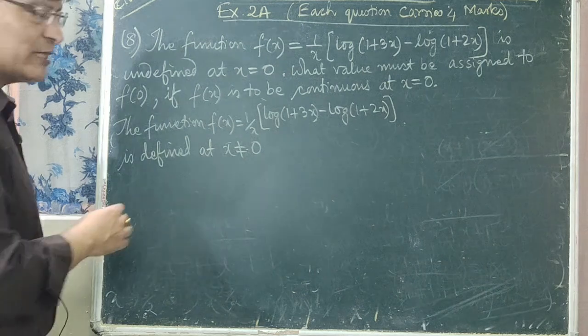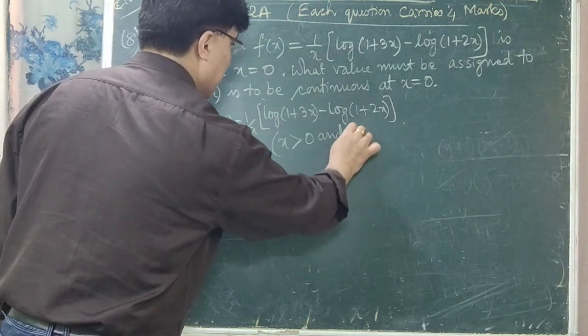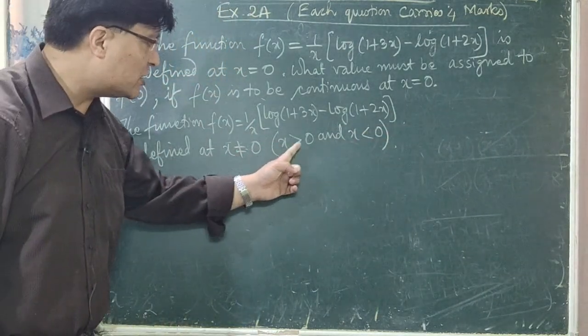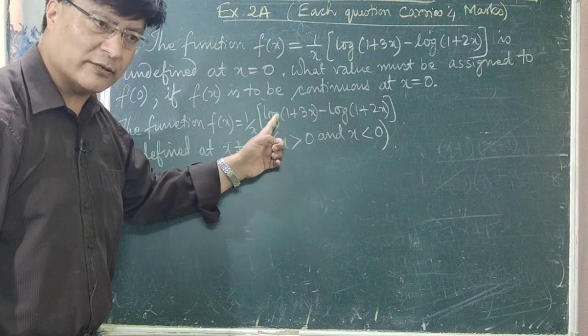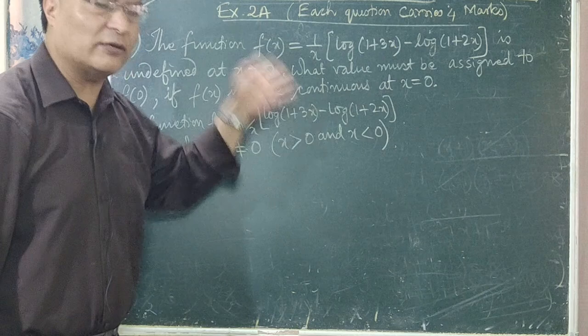So what is the meaning of x not equal to 0? You know that x is greater than 0 and x less than 0. So for x greater than 0 we are using the same function f of x is equal to this one. For also x less than 0 we are using the same function f of x is equal to this one.